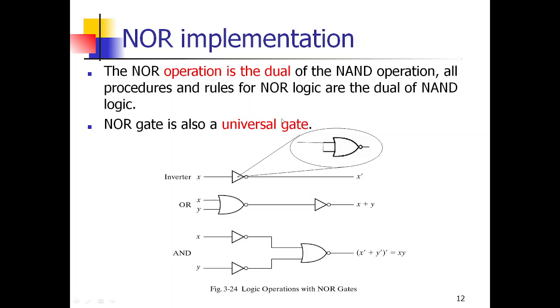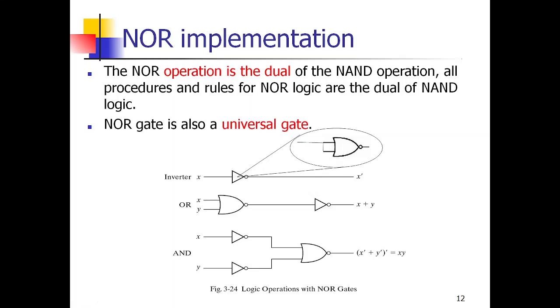All procedures and rules for NOR logic are the dual of NAND logic. So the steps we have followed in NAND implementation have to be considered as dual. Dual is opposite. Okay, so NOR gate is also a universal gate, as we already discussed.